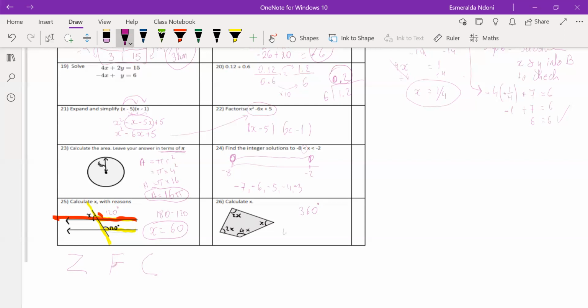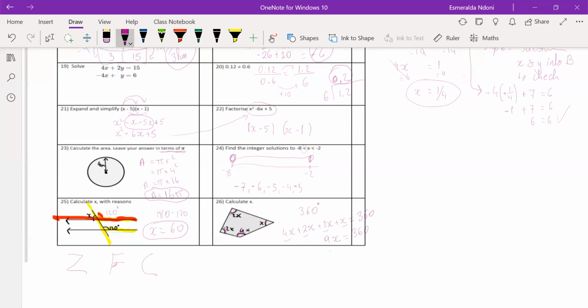So let's start with a 4x plus 2x plus another 2x plus another x. These are the angles that I have been given here. So all I'm doing, I'm adding those angles together, and I know they must give me 360. 4 add 2 add 2 add 1. So 6 add 2 is 8, add 1 is 9. I have 9 x's, and those are 360 worth.